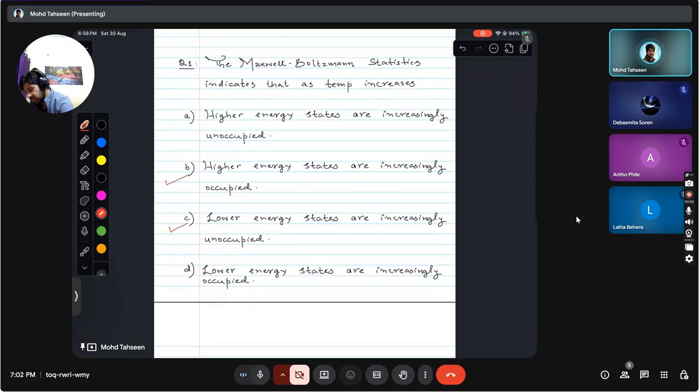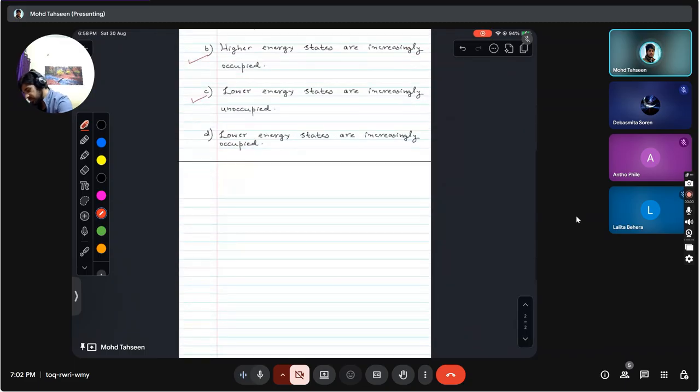And we can see this if we just recall what the distribution was. Okay, the Maxwell-Boltzmann distribution. We had energy on this axis, and here we had number of states, right?